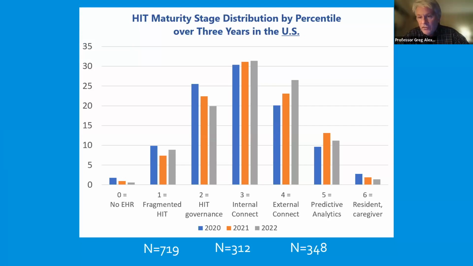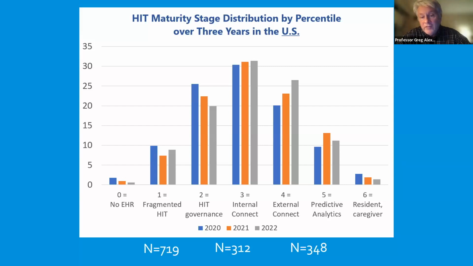And the total HIT maturity score is actually what creates these stages. So the higher the digital maturity score, the higher the stage that you have. And so each stage equates to a way to measure and compare facilities based on their capabilities. And we can utilize the digital maturity survey to help increase stages, we hope, or at least that's the intention.